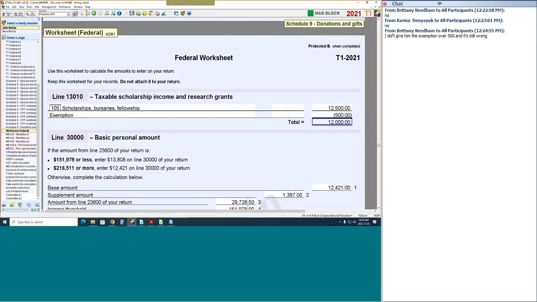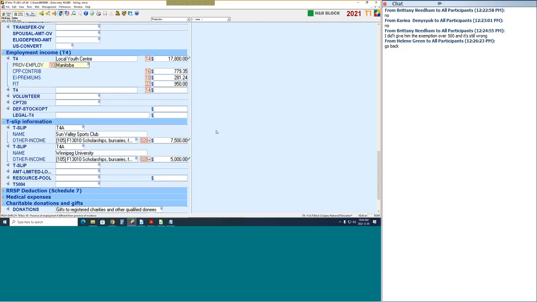How much did he get? It's going to total all the scholarships together, and then it's going to give him $500 exempt. Okay. If your data entry looks like mine and you have a different number, tell me what your different number is. All right, I'm going to go back to the data entry.